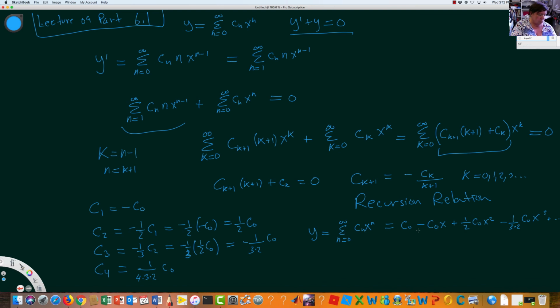Now I'm going to write down what the series reduces to, and you'll have to look and see if you believe me. Well, it reduces to C0 times the sum k equals 0 to infinity of (-1) to the k over k factorial, x to the k.